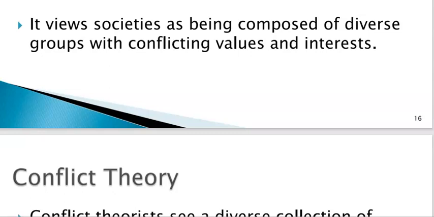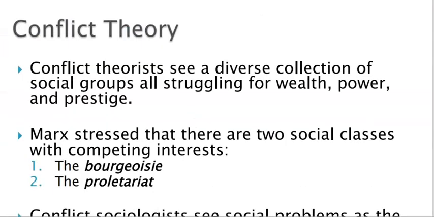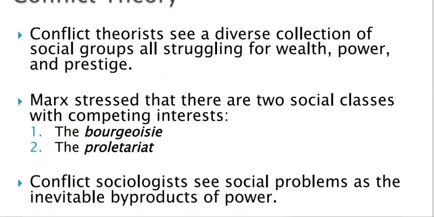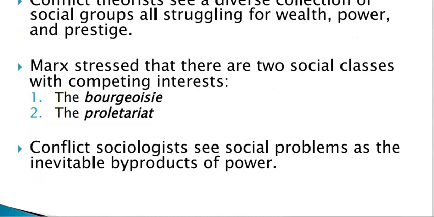It views societies as being composed of diverse groups with conflicting values and interests. Conflict theorists see a diverse collection of social groups all struggling for wealth, power, and prestige. Marx stressed that there are two social classes, the bourgeoisie and the proletariat.